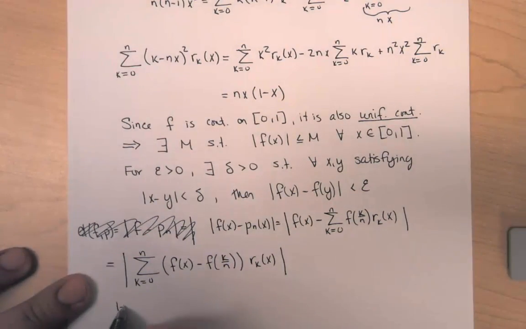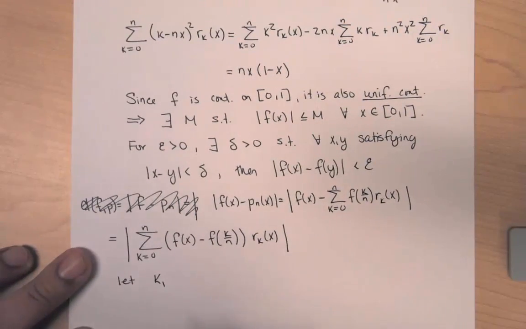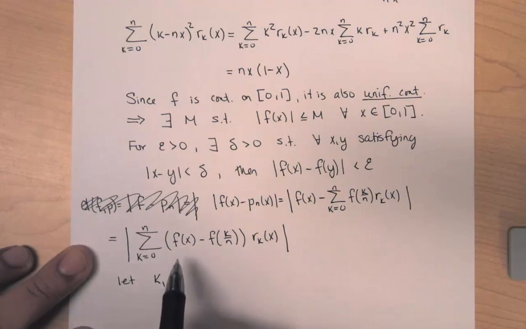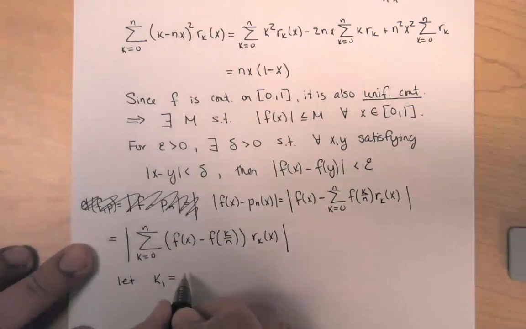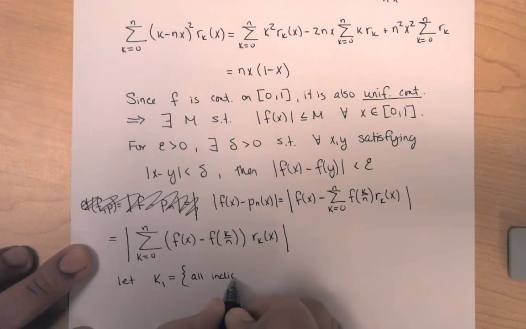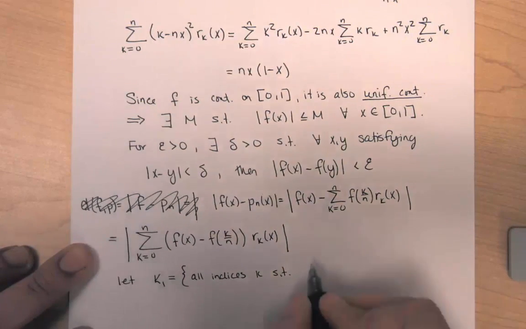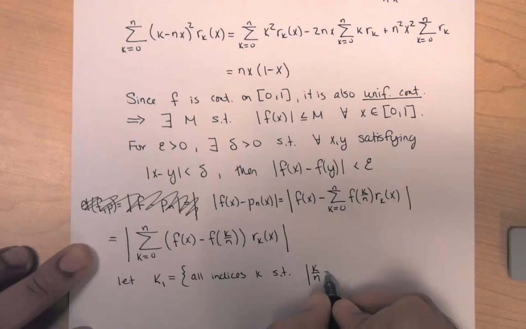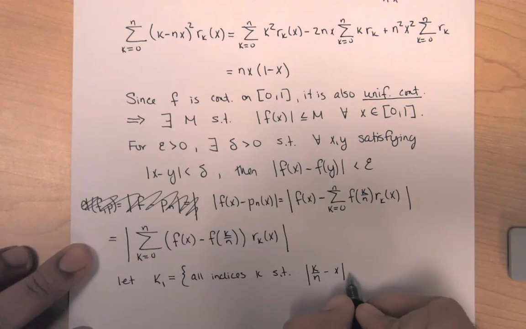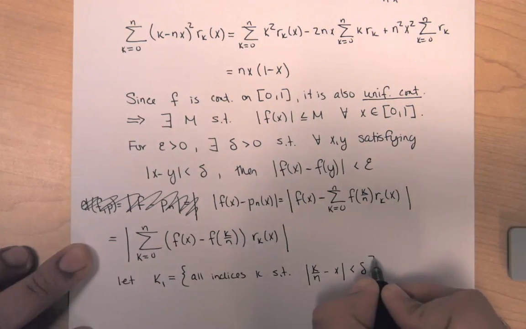So let's let k1 essentially be every index within delta of x. All indices k such that the partition k over n minus x is less than delta.